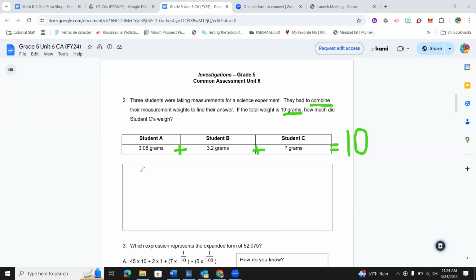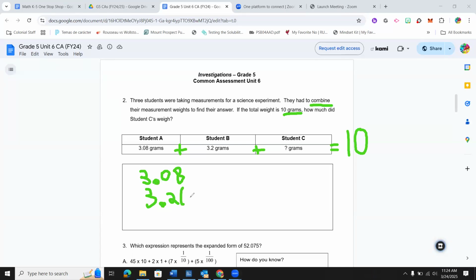of 10. So first things first, I'm going to add up my decimals for student A and for student B. And as you know, I'm going to line up my decimals. They're not very lined up because I'm writing with this crazy online pen thing, but let me try to make that a little more. There, that's a little better.